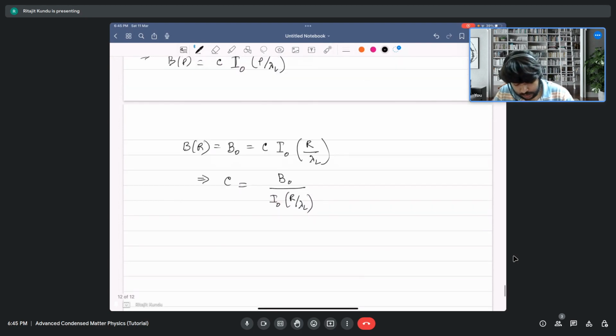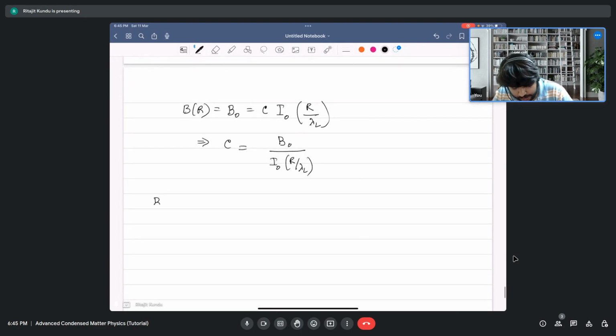So how does the full solution look? B as a function of rho and t is given by B naught times the modified Bessel function I0 of rho by lambda L, divided by I0 of R by lambda L. If you plot this function, it actually looks kind of simple.